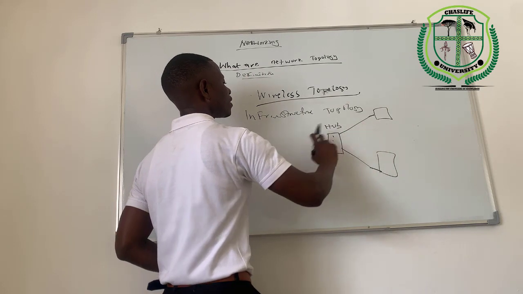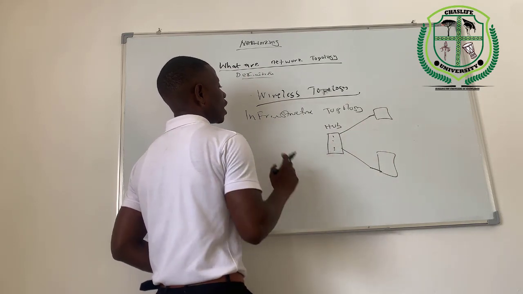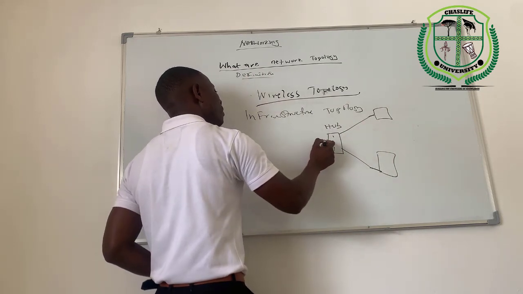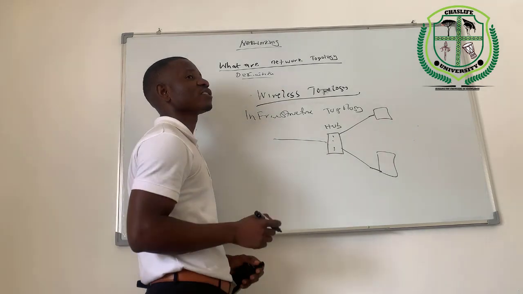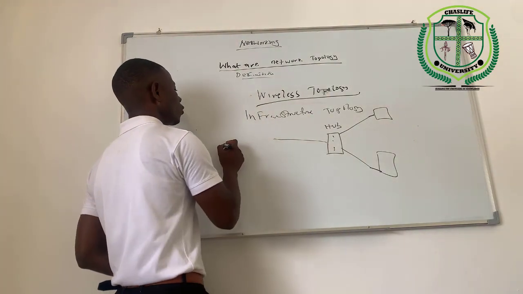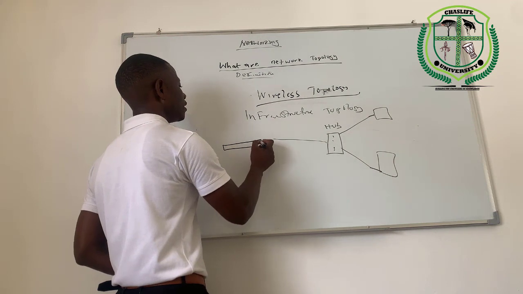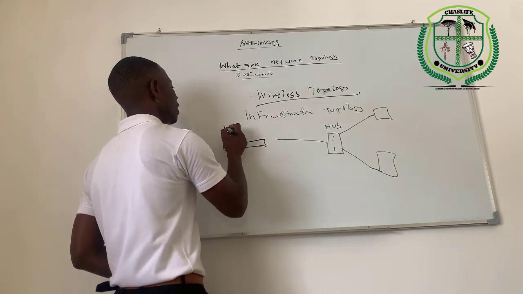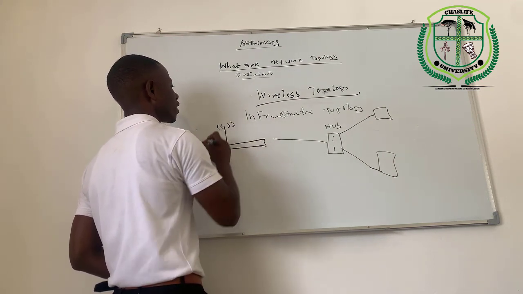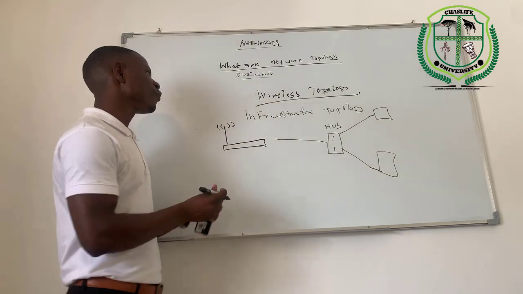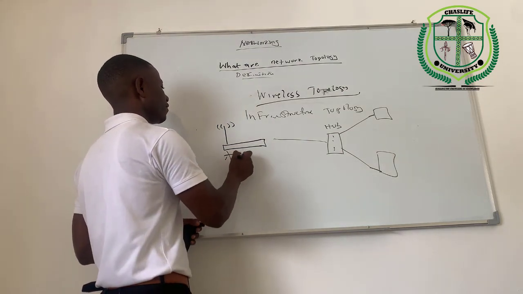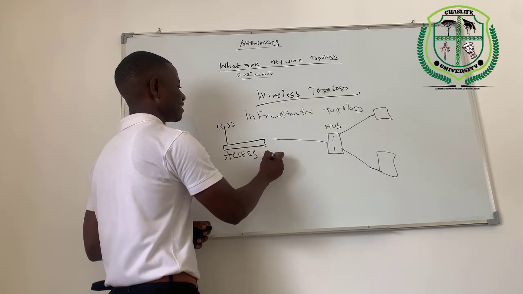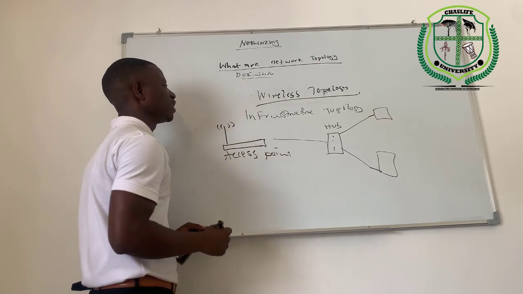These 2 computers are connected to the hub, and this same hub needs to be connected to the access point. The access point is where we need to access the network. Now this access point is wireless.